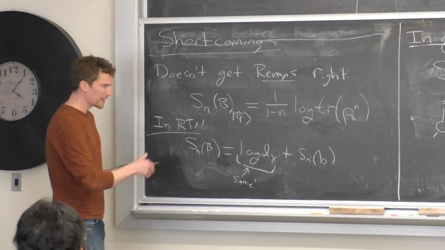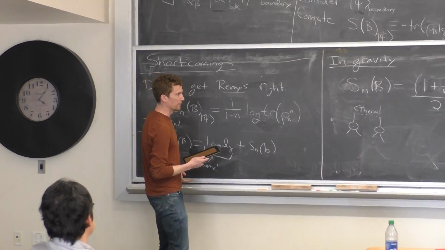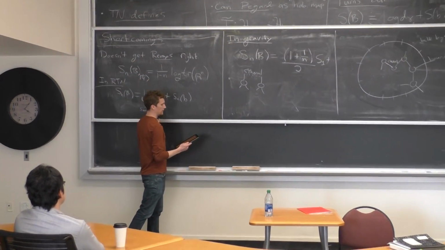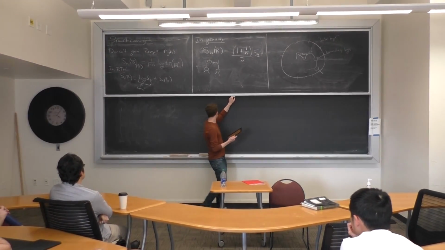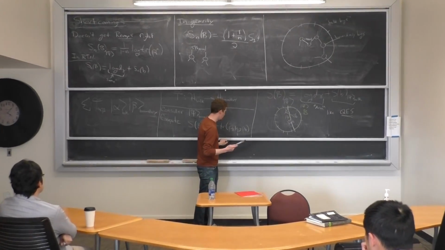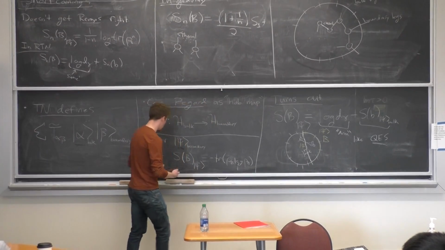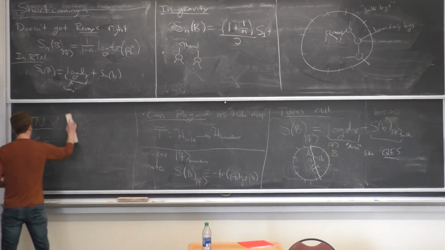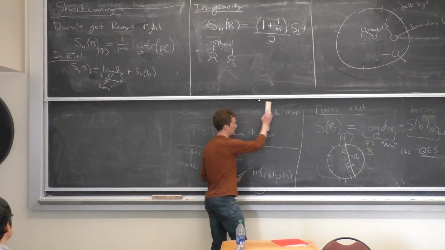Okay, so noticing this mismatch of Rényi entropies, I'm going to leave that picture of the tensor network up there. In 2018, two groups, one being me and Pratik, and the other Dong and Harlow, proposed a way to reconcile what tensor networks are doing with what happens in gravity.